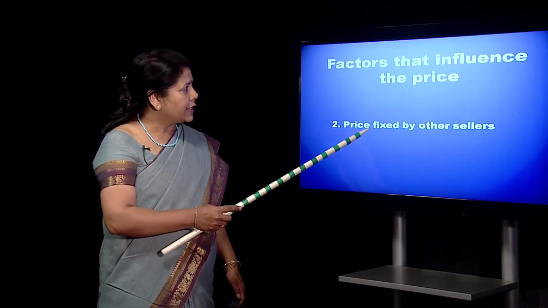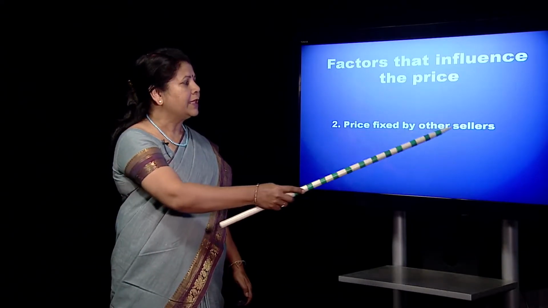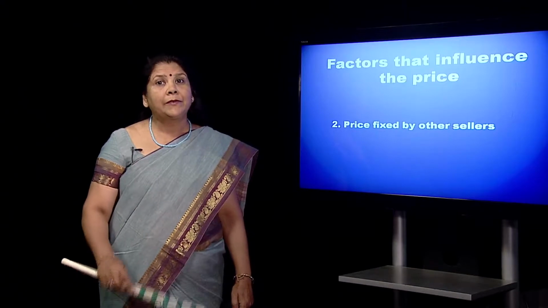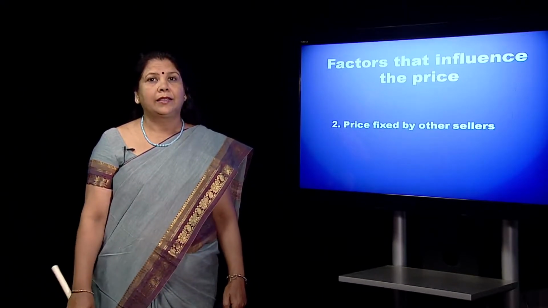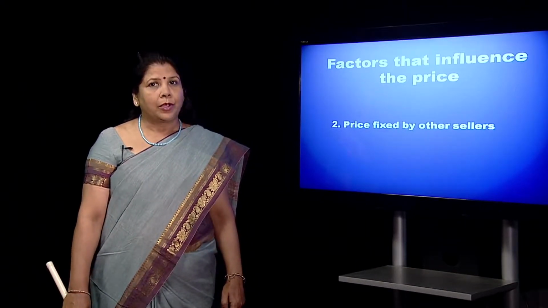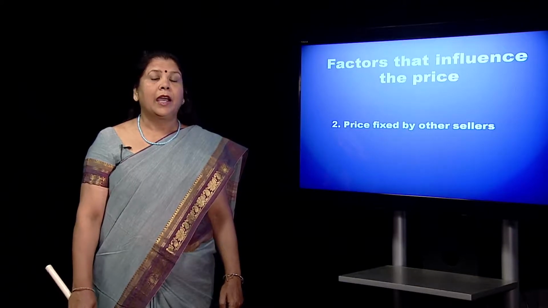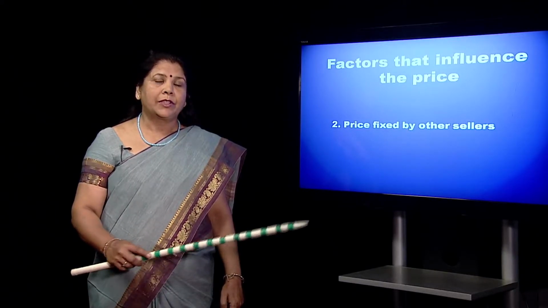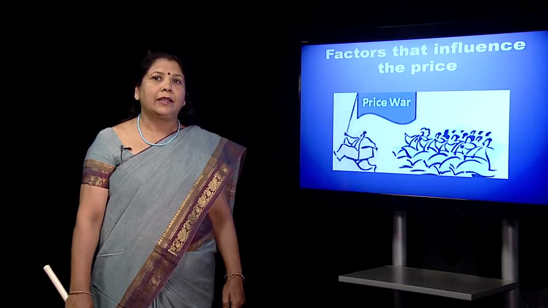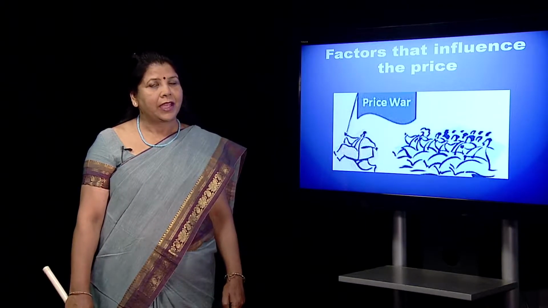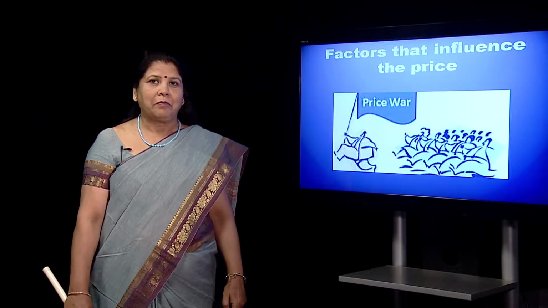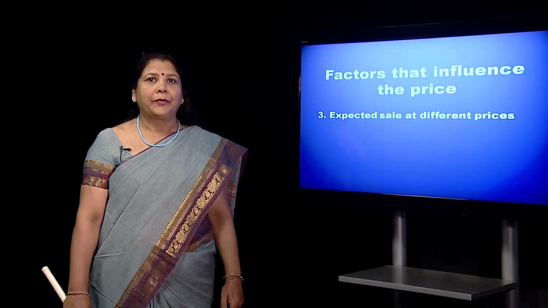The second factor which influences the price is the price fixed by other sellers in the market. So, a producer will fix a price according to the price which is fixed by other sellers in the market. Yes, it can also be a big price war out there.